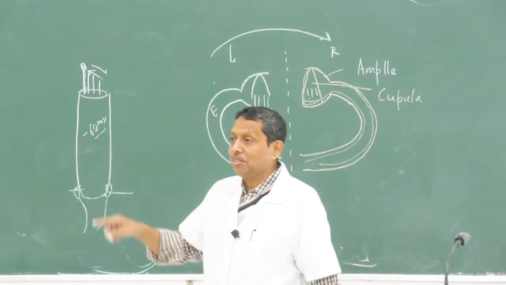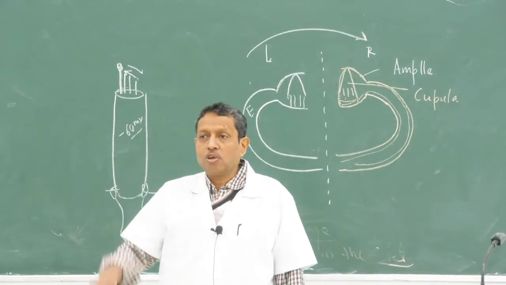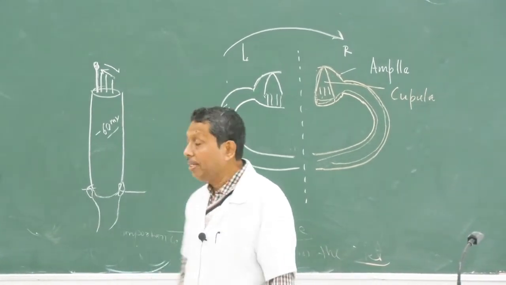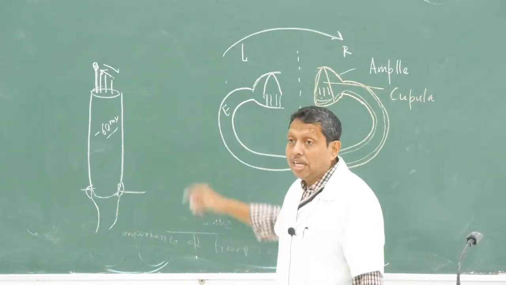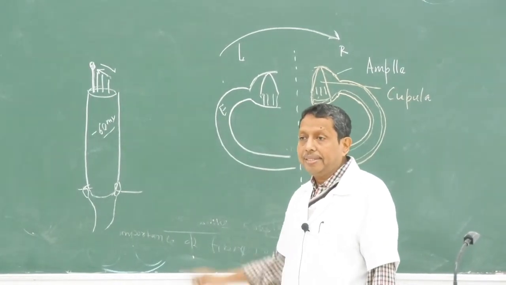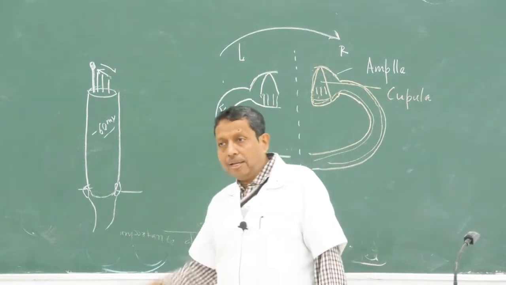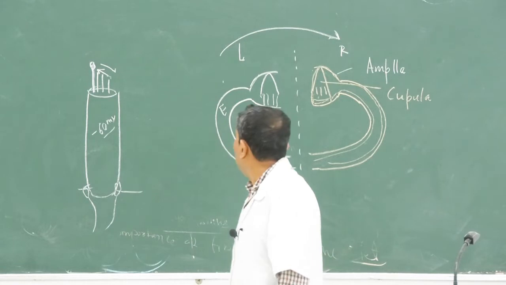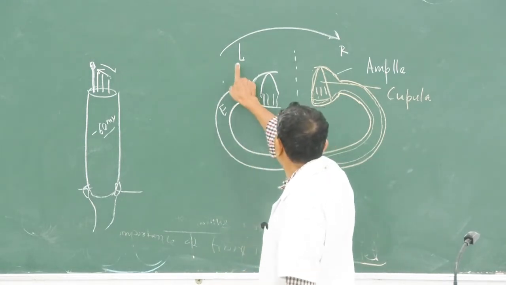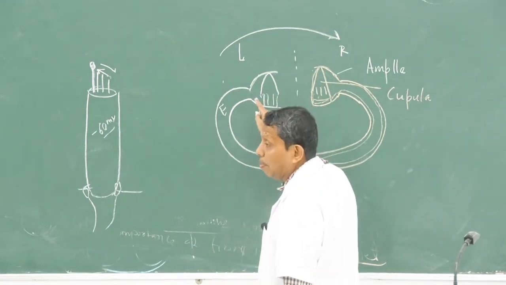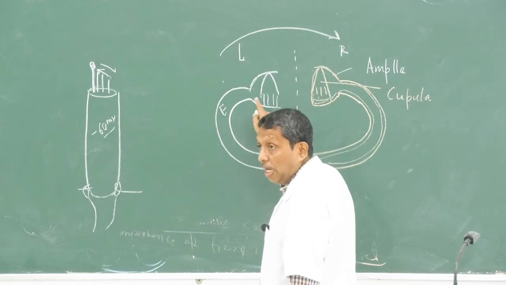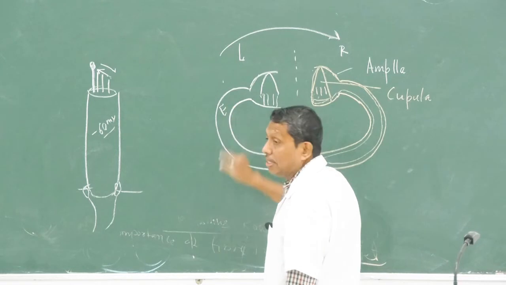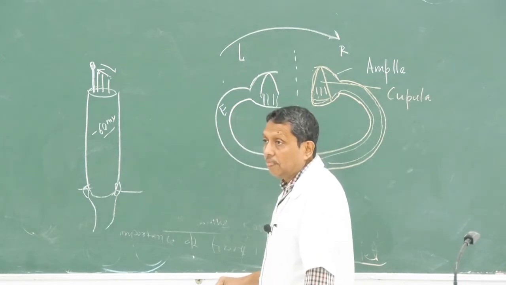Suppose the movement is in this direction, from left to right, a rotational movement in this way. Now due to the inertia of the endolymph, they lag behind against the wall. Clear? Whenever there is movement from left to right, on the left side, this endolymph has the inertia.